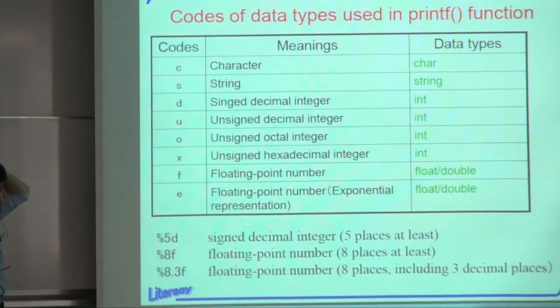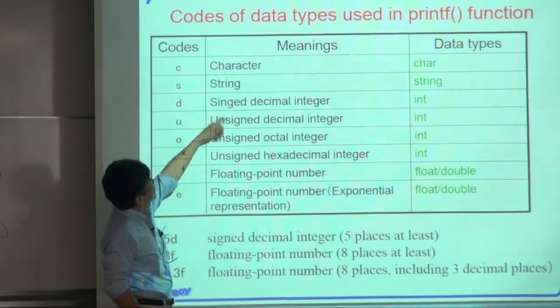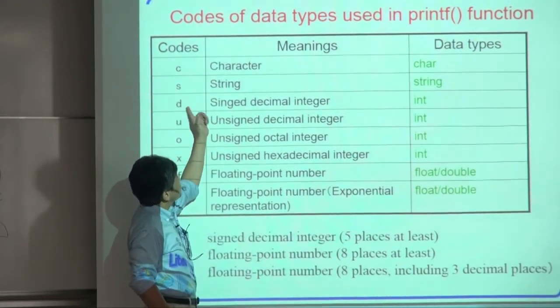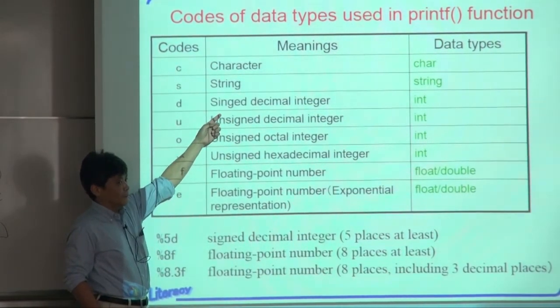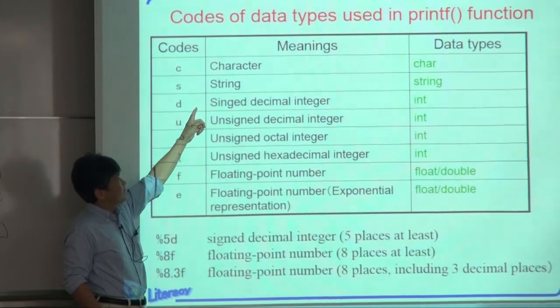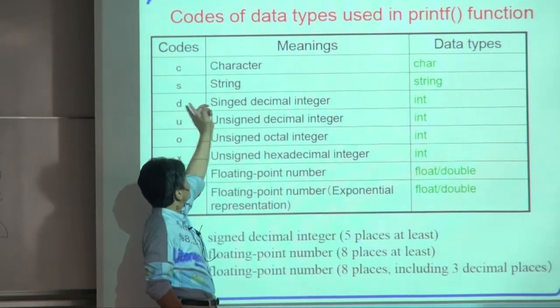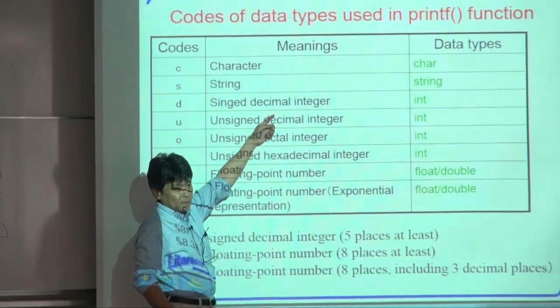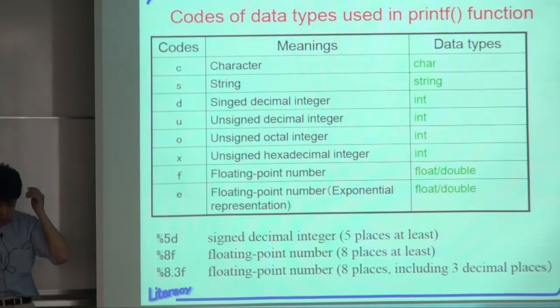C, S, D, U, O, K, F: the meaning of the character, string, and signed decimal integer. If you use only the character d as a code character, it is treated as a signed decimal integer.